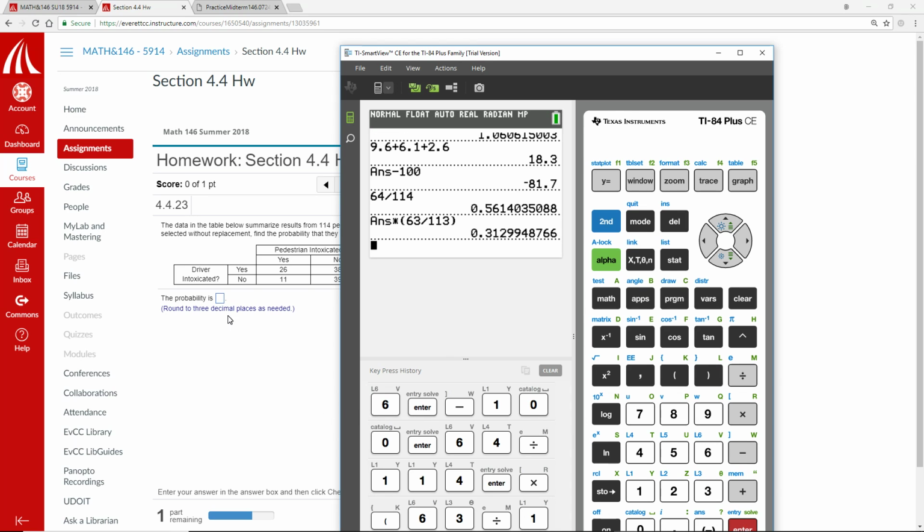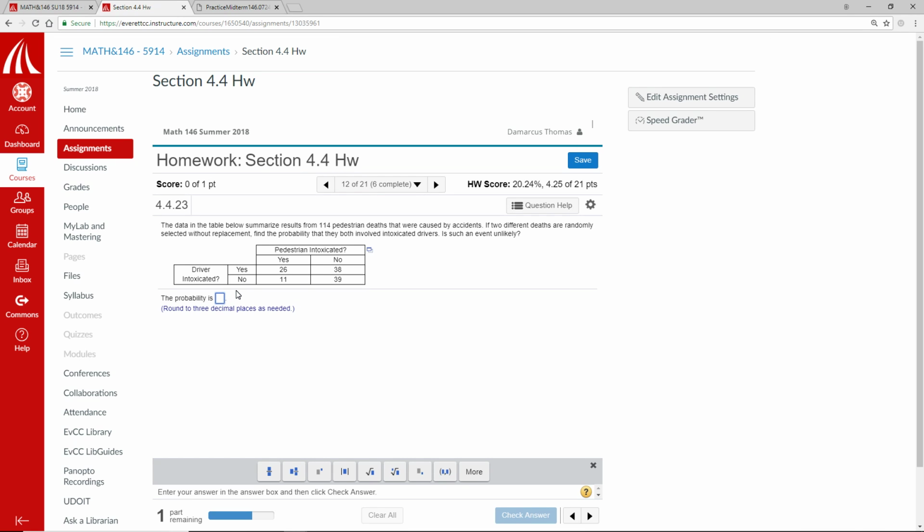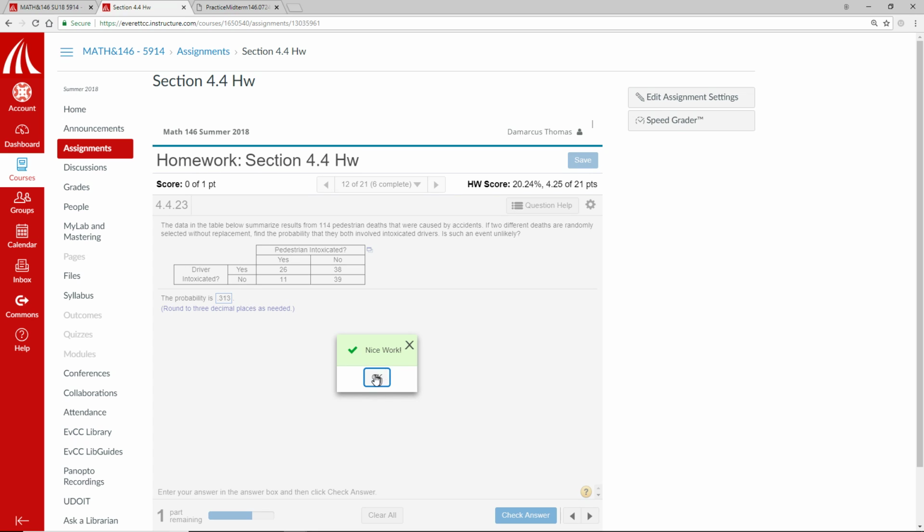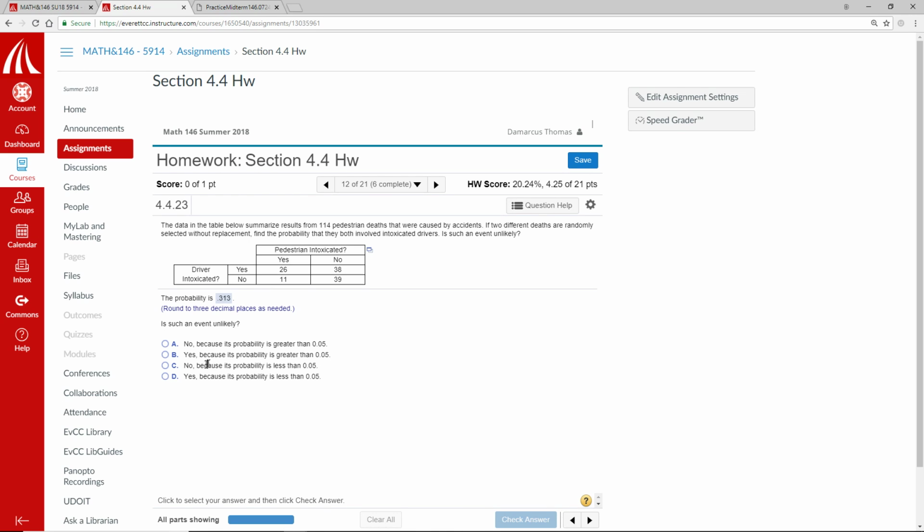I got 0.313. Is it unlikely? No, because the probability is greater.